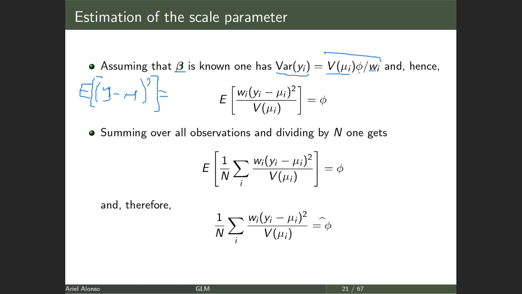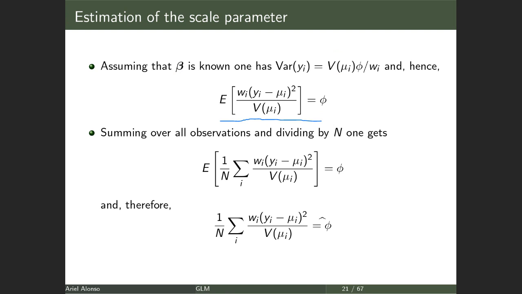So if you pass these two elements to the other side, what you get is this equation, right? You get an expected value of this term here inside that is exactly equal to psi. And that's what we are going to use to estimate psi. So if you have now n observations, you will have this equation n times, for every individual.